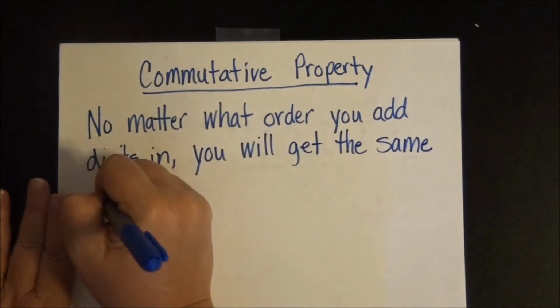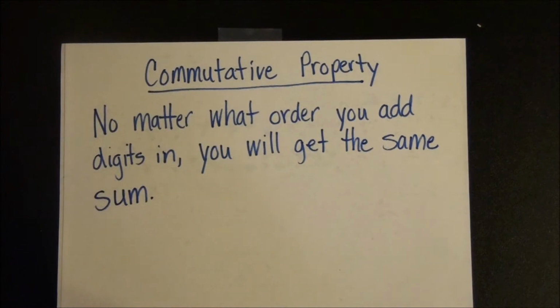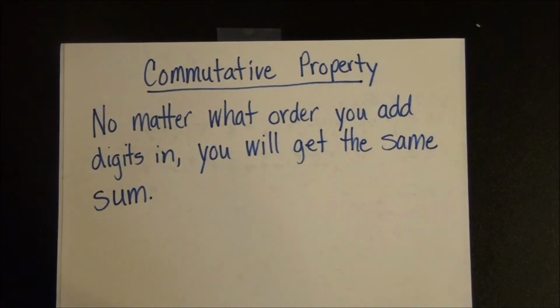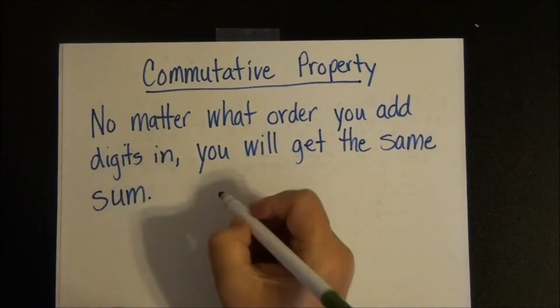The sum being the answer to an addition problem. So that's handy when you have the smaller number first and a big number second. You want to start with the big number. You can just switch them around. It's no problem. Okay, so let's look at some commutative property problems.